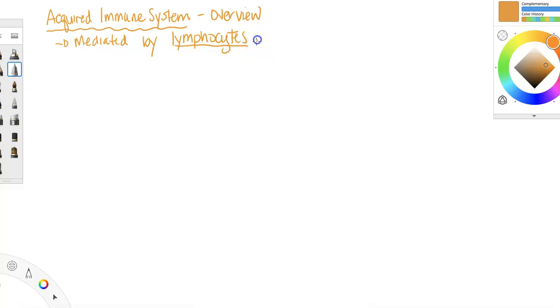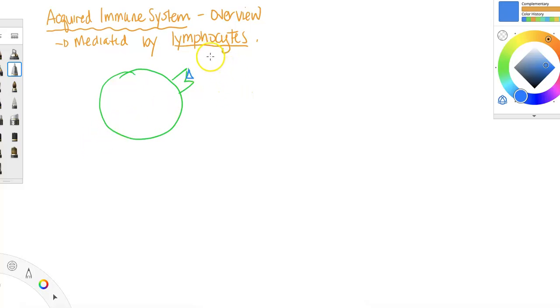And basically, a lymphocyte is going to have some kind of receptor on it with a specific sort of thing there, and it will bind to a specific antigen.